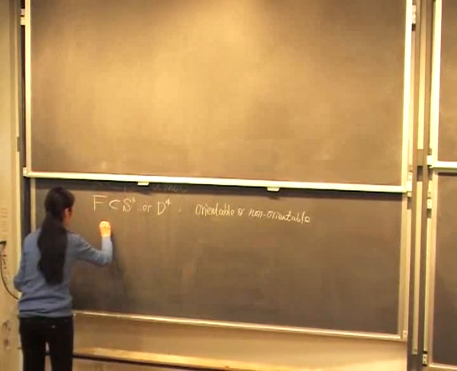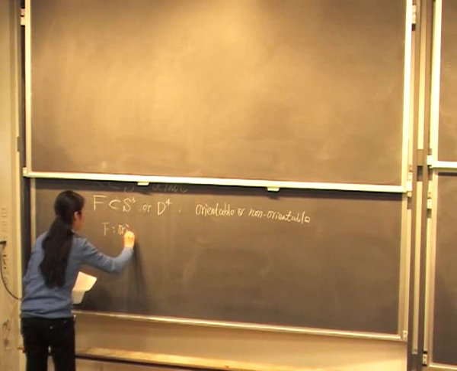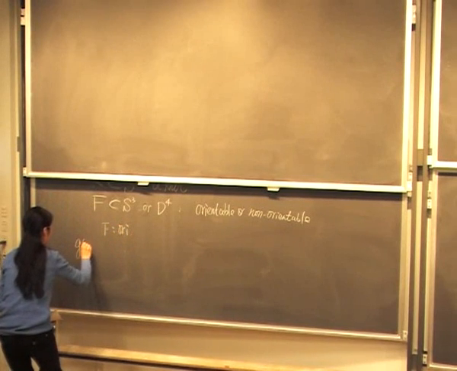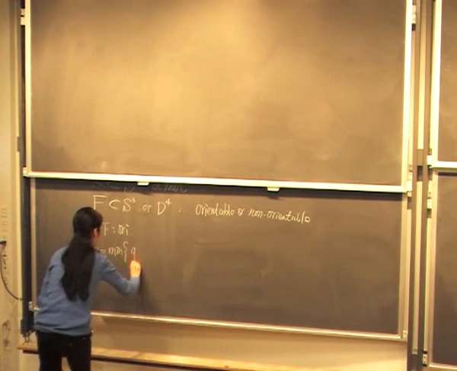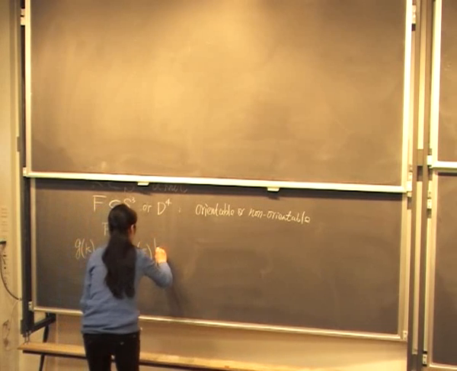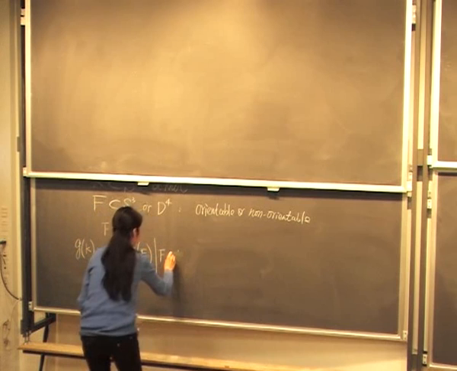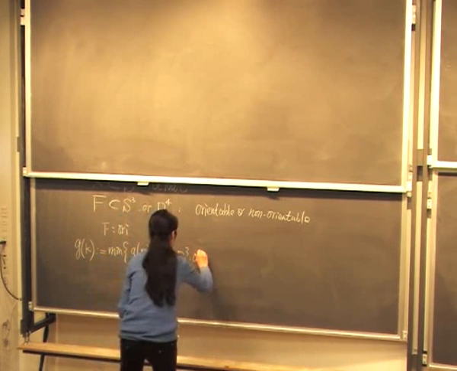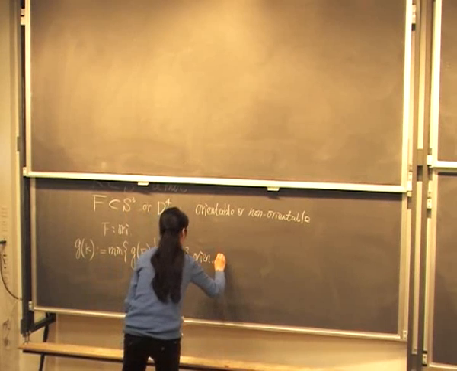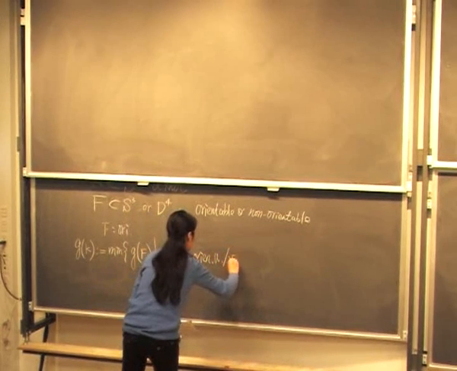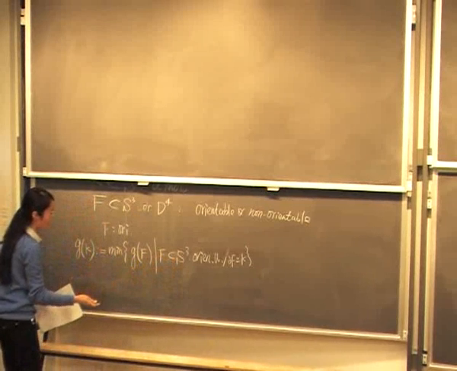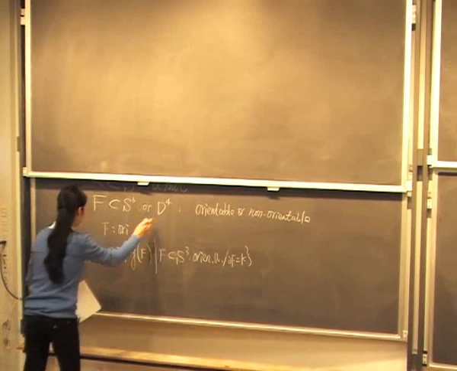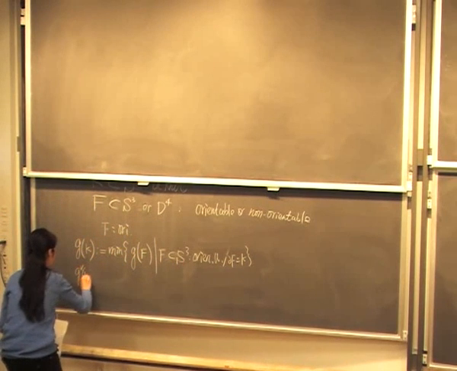So if F is orientable, then we can define the knot genus g of K to be the minimum of the genus among all such F, embedded in S3 and orientable, with the boundary K. And if we consider the surfaces embedded in the 4-ball D4, we have the 4-dimensional genus.